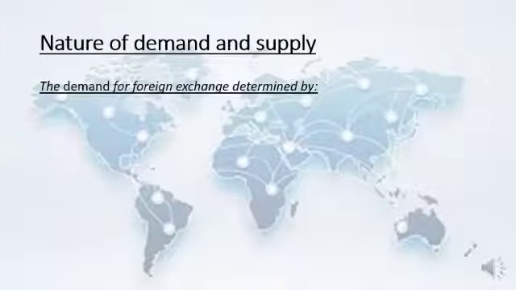So the nature of demand and supply. Before I continue, I think it's important for you guys to understand that the foreign exchange markets are one of the best examples of a perfect market. Being a perfect market, prices are determined by demand and supply.